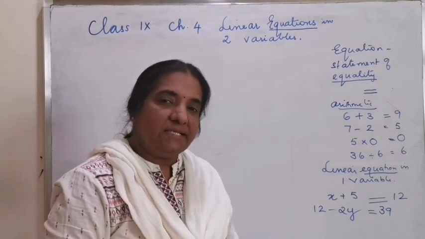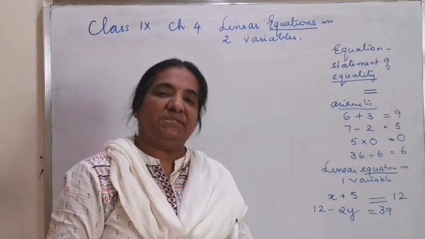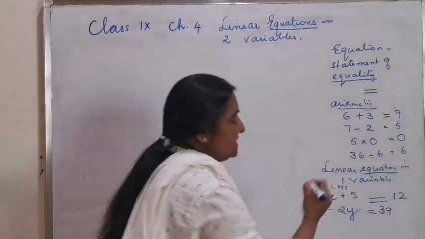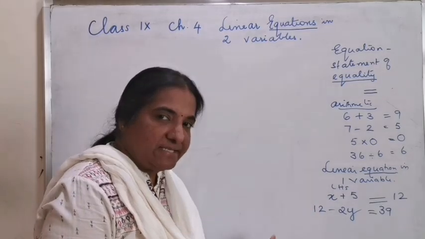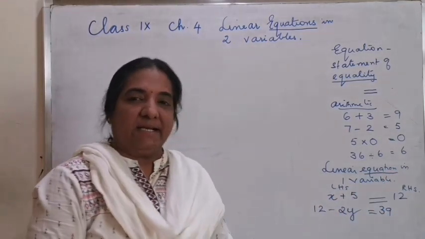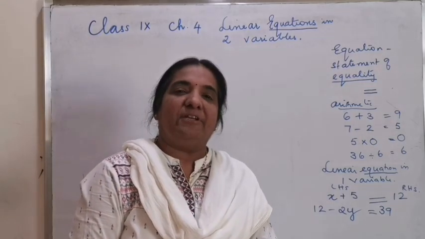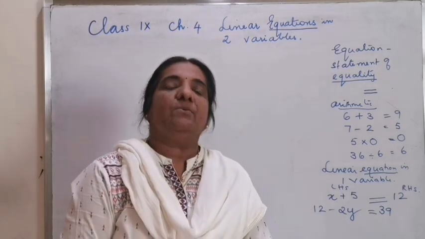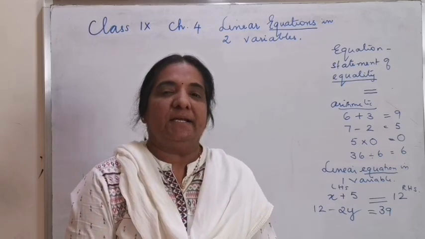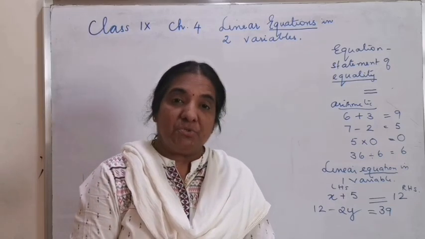Since an equation has two sides, we call the statements on the left side the left hand side and the right side the right hand side. An equation will have an equality sign, a left hand side and a right hand side, which will give you a true statement.